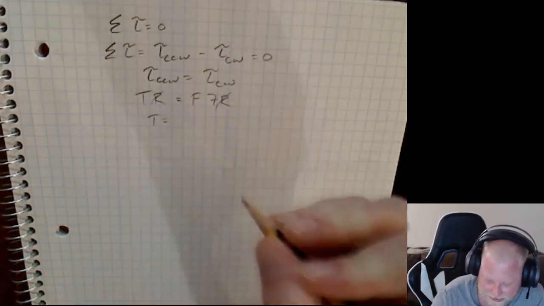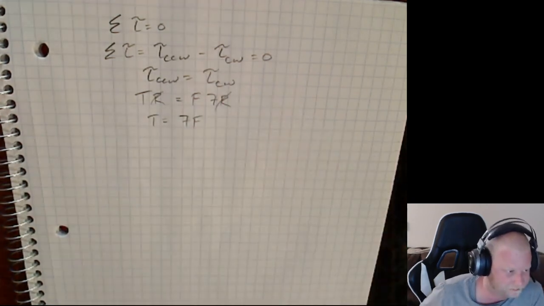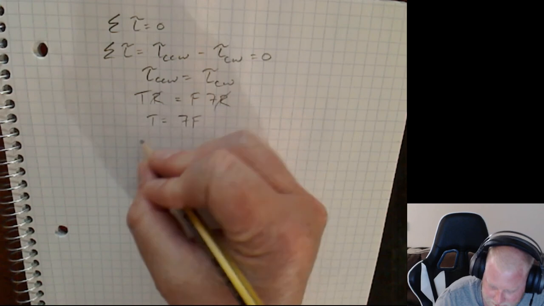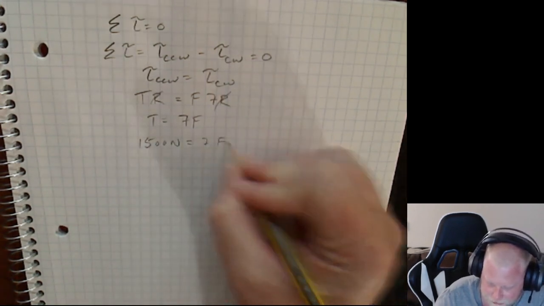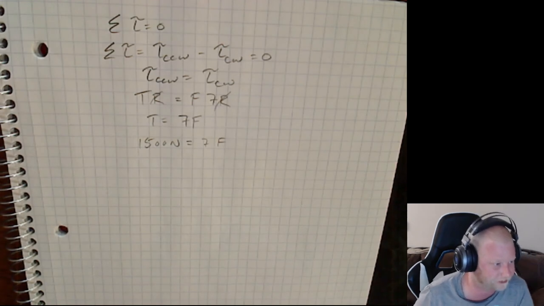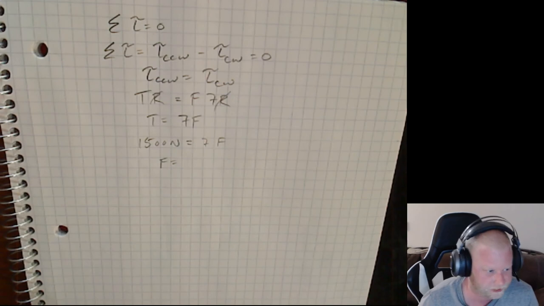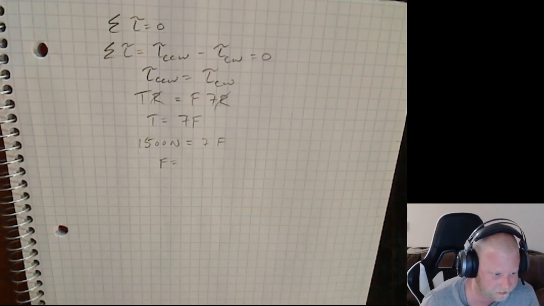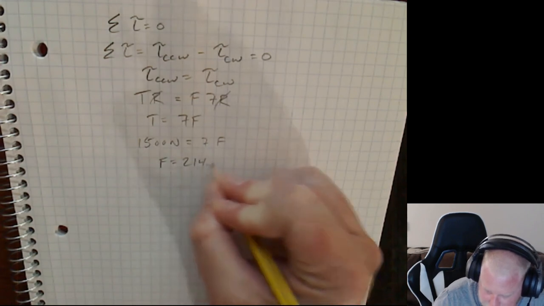So we get that the tension is equal to 7F. So 1500 newtons is equal to 7 times whatever force the sailor is exerting. Plug that in, and you get 214.3 newtons.